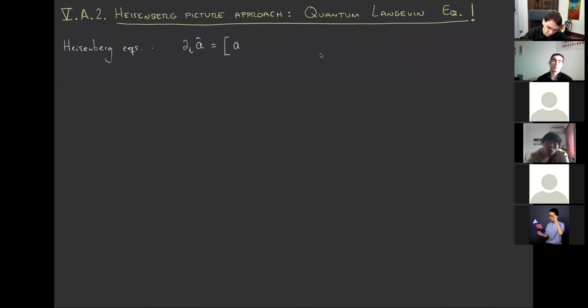This, as you know very well from the previous chapters, is just the commutator of A with the Hamiltonian that includes the free Hamiltonian and the interaction Hamiltonian, with an i ħ. So if you just do the commutators, you will get this equation here, gamma over pi, and then in here we have b of omega.